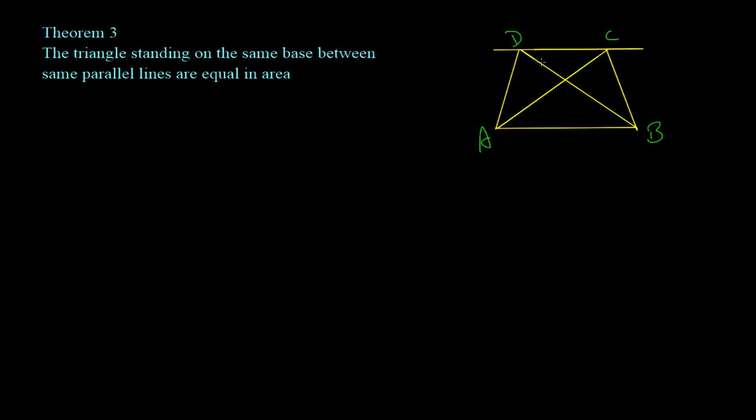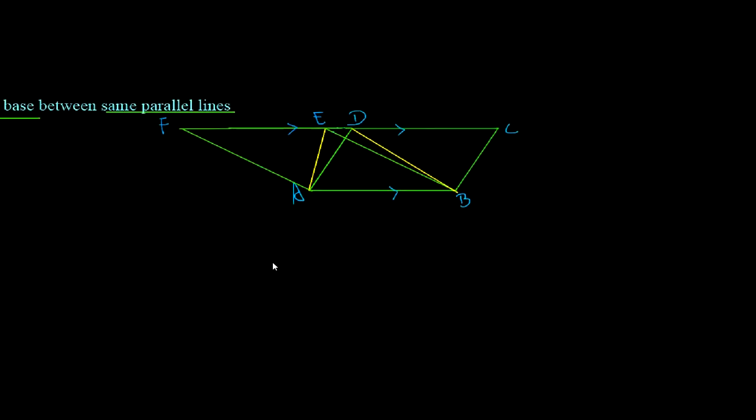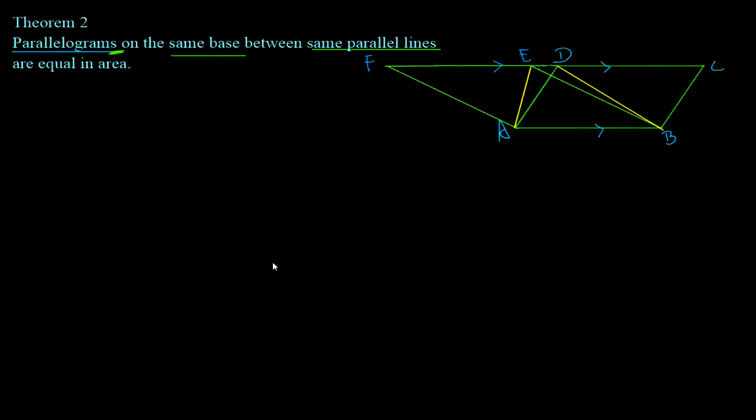So we have our triangles ABC and ABD, and if AB is parallel to DC, then the area of triangle ADB is equal to the area of triangle ABC, and we will prove this theorem as well. But let's just take this concept and implement it on theorem 2. Our theorem 2 says the parallelograms on the same base between the same parallel lines are equal in area.